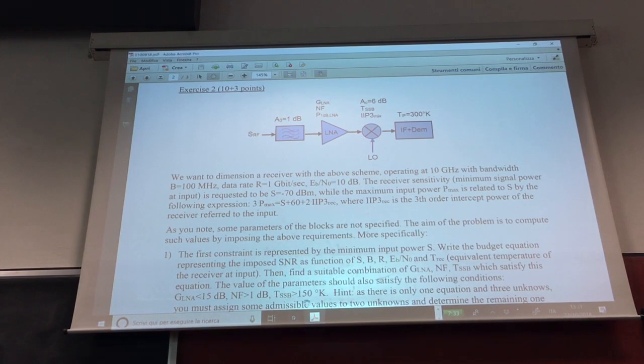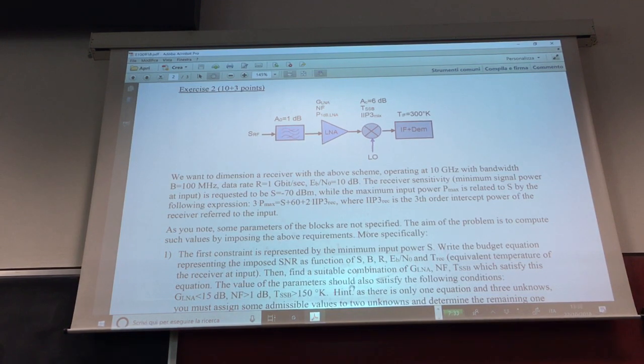Then find a suitable combination of G LNA and F and T SSB which satisfy this equation. The values of the parameters should also satisfy the following conditions. So we have not only to satisfy the requirements, but also we need to satisfy some maximum value that each parameter refers to, in the sense that we want to limit the cost of the various blocks, and then this poses some constraints on the best performance that can be extracted from the blocks.